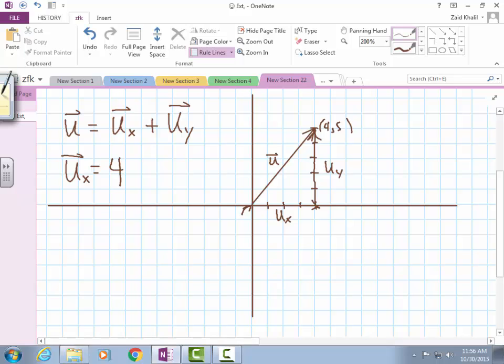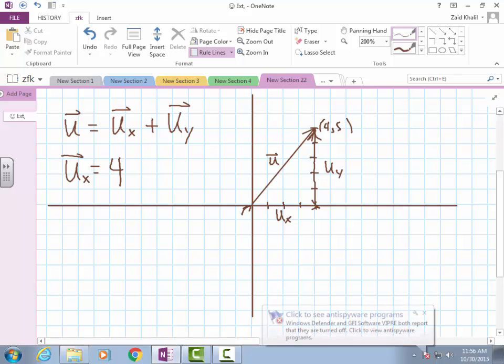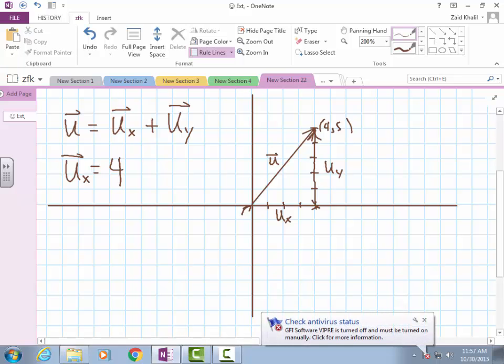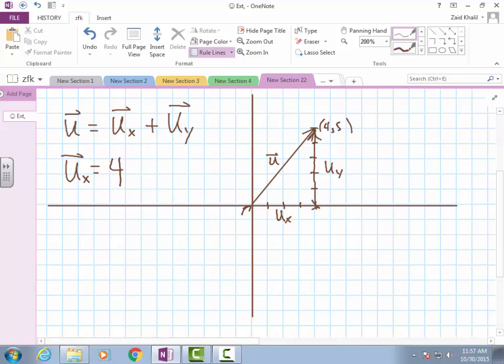So the question is, is that correct? And the answer is no. What does that lack? It lacks direction. So we need to construct a means of telling you that this thing has direction without changing its value, without changing its magnitude. And what you do with that is you construct something called a unit vector. A unit vector is exactly what it sounds like. What does unit mean? 1. So it's a vector that has a magnitude of 1.